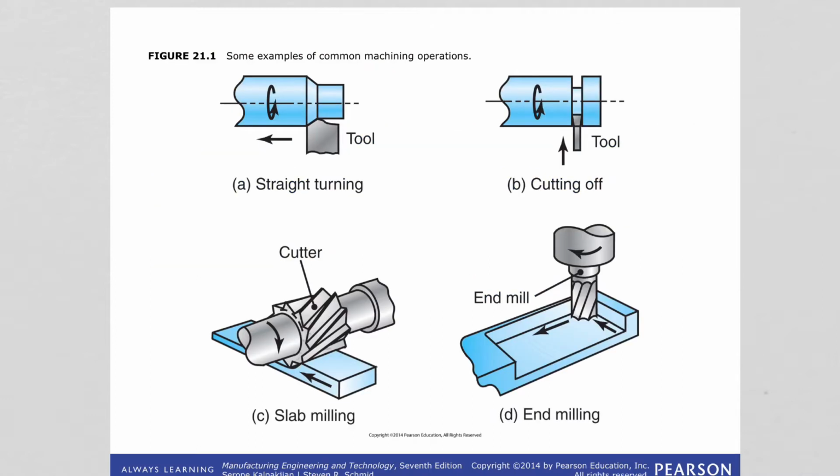Let's see the image here. We can see that the workpiece is being rotated and the cutting tool removes a layer of material as the tool moves along its length. Okay, this is turning.